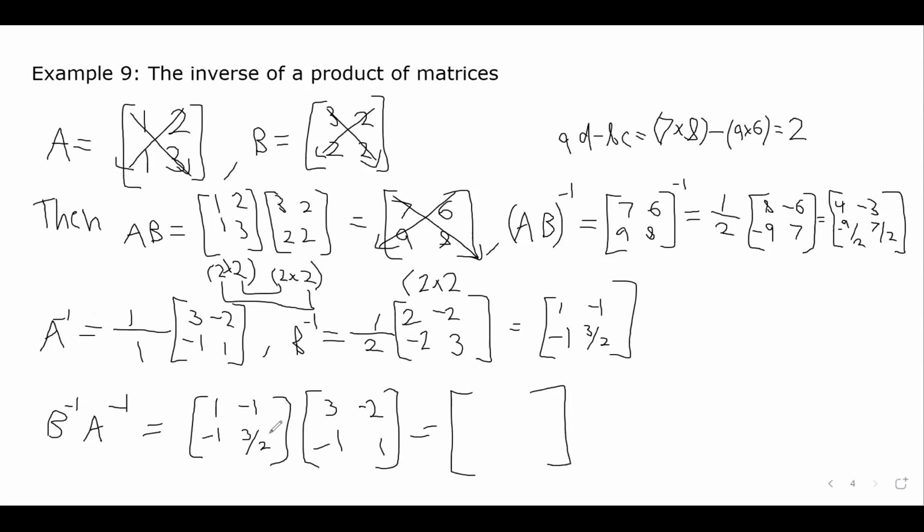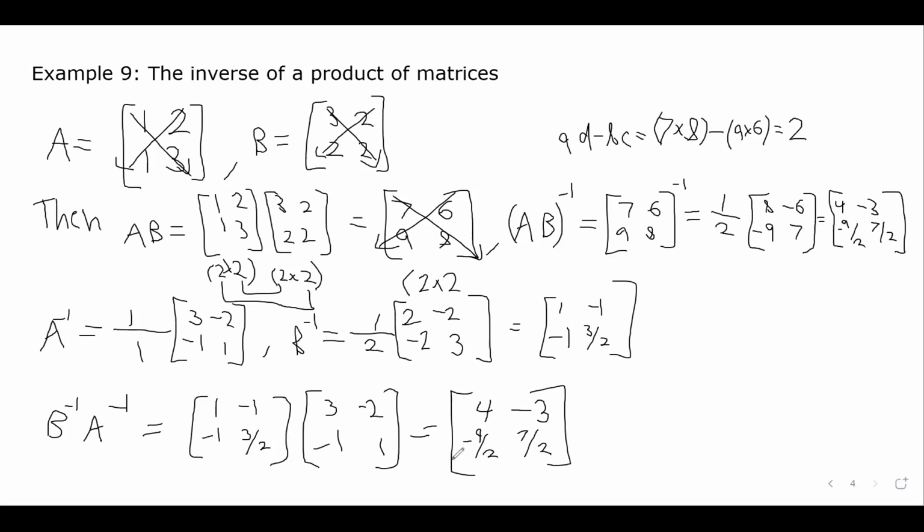The inner entries are the same and the outer entries are both 2. So this is 2 by 2. And you find these entries and you get 4 and you get -3. And then here you get -9/2. And then here you get 2 plus 3/2, so you get 7/2 here. Okay, so when you do B inverse times A inverse, you get this.